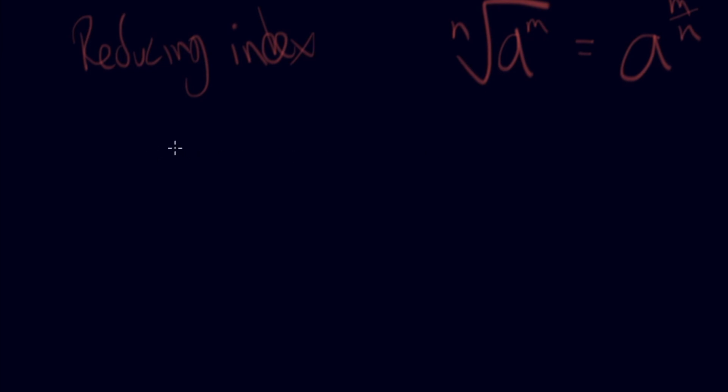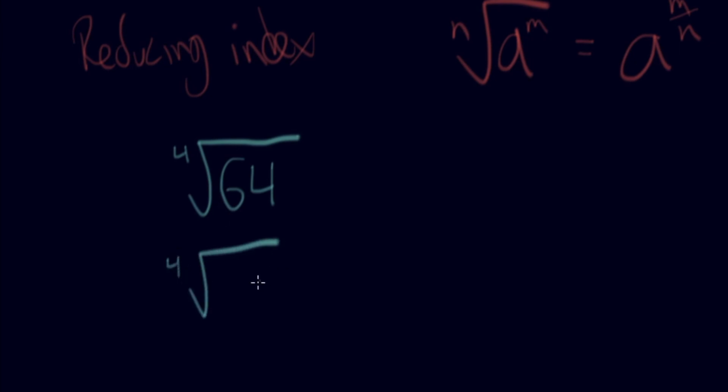Let's take a look at this. So it's an index of 4. And we're going to have 64 to the power of 6, like this. So a couple things: I'm going to change 64 so it has a base of 2. What do I mean? If I have a base of 2, what could I put that to the power of to make this not 64 anymore?